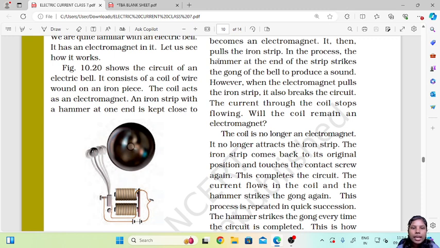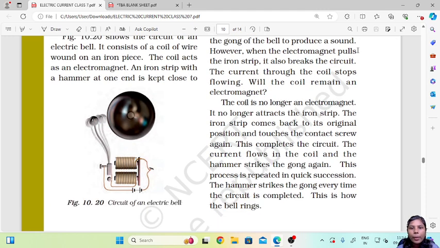In the process, the hammer at the end of the strip strikes the gong of the bell to produce a sound. This is the gong. Due to the push and pull of the strip, the hammer repeatedly goes and hits the gong of the bell.